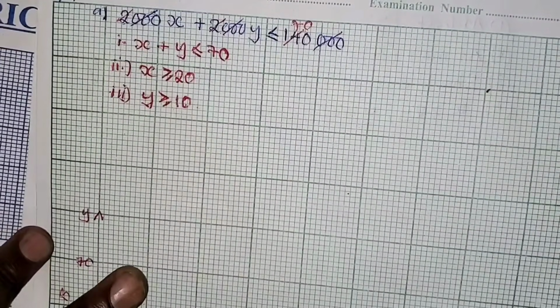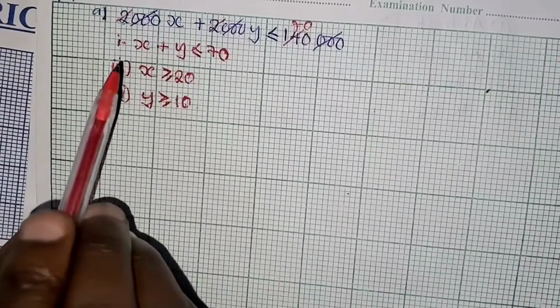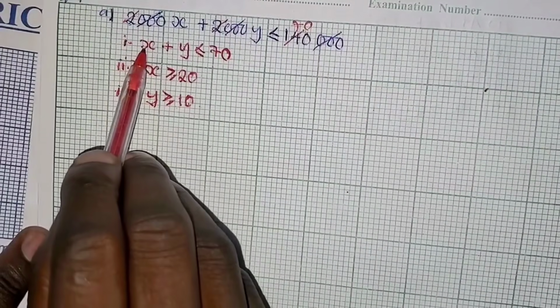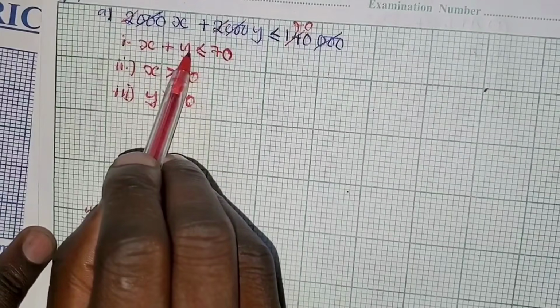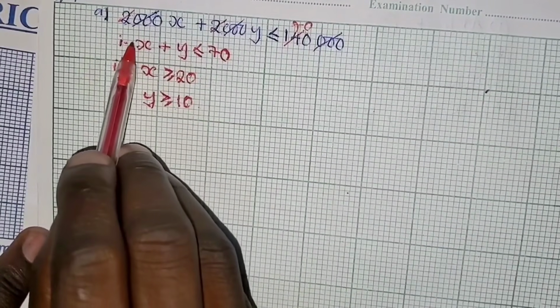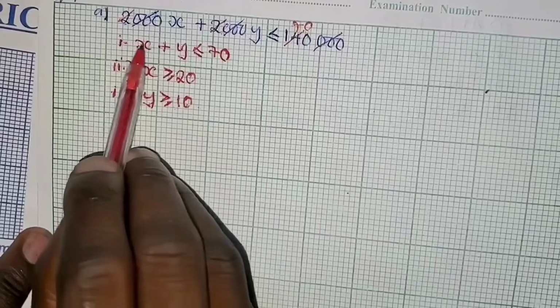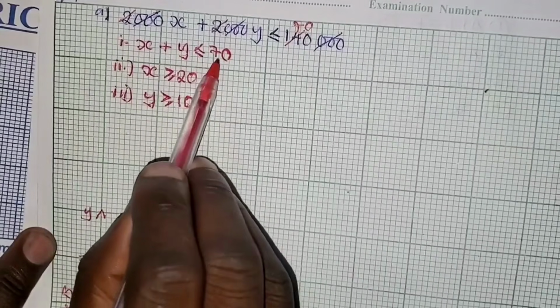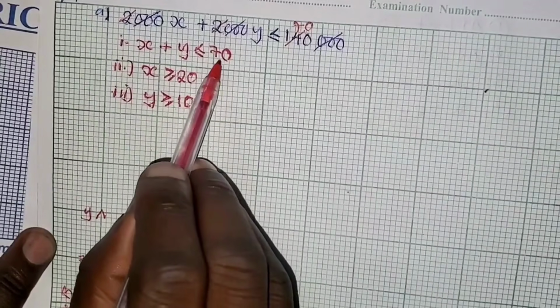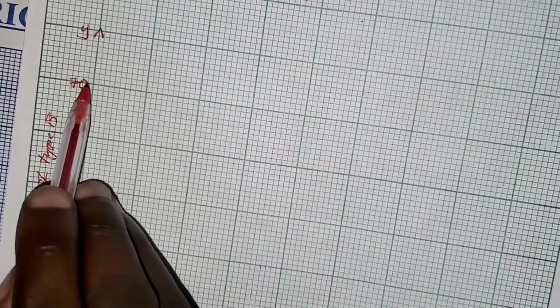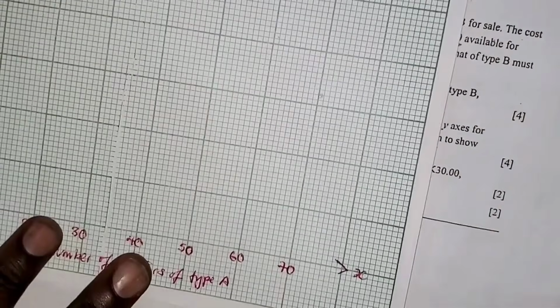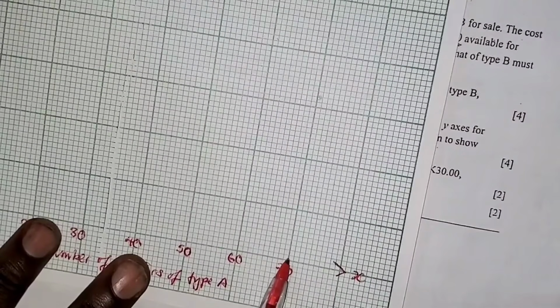Check, it's a condition by the way, if the coefficient of x and y is 1, here is 1, here is 1, then there is a number here like 70. It means that our line or inequality is passing through 70 on the y-axis and 70 on the x-axis.